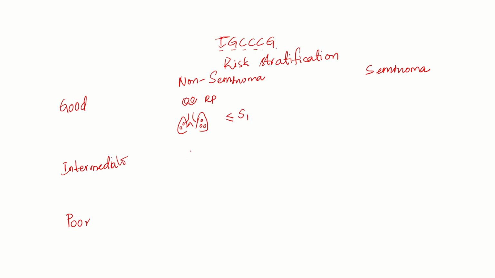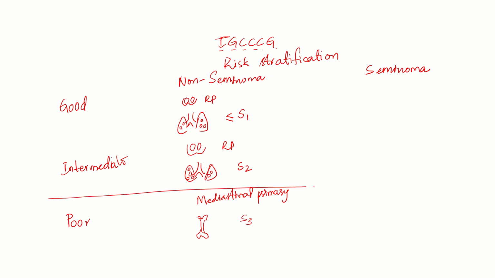In intermediate prognosis, again the origin is either testicular or retroperitoneal with only pulmonary mets, with no other non-pulmonary metastasis, with tumor markers in the range of S2. In poor prognosis comes the mediastinal primary with non-pulmonary visceral metastasis like either bone mets or any non-regional nodal metastasis, and tumor markers in the range of S3.